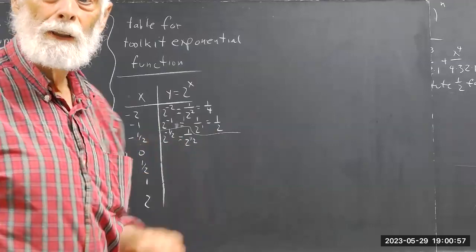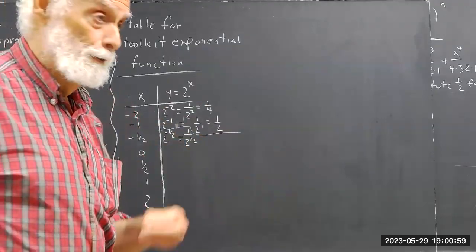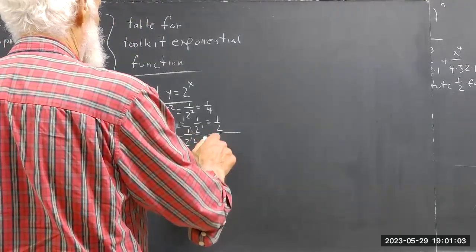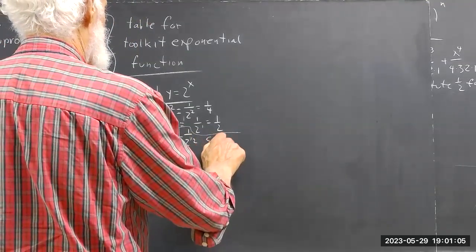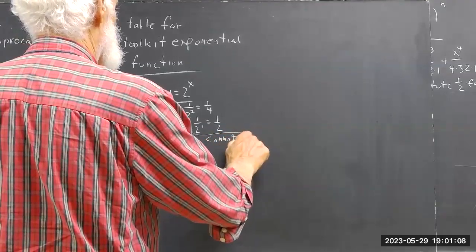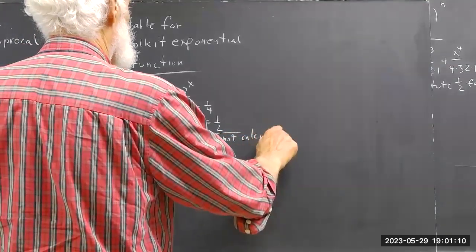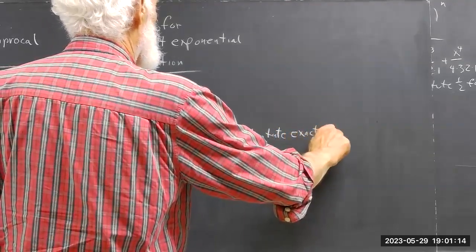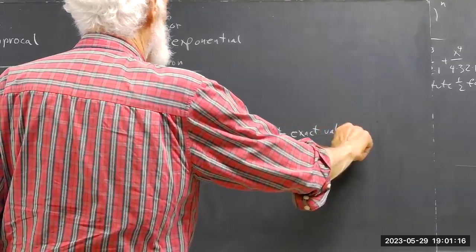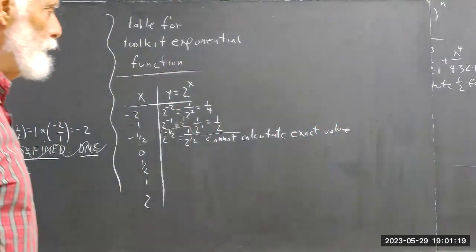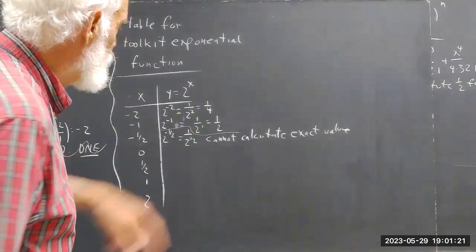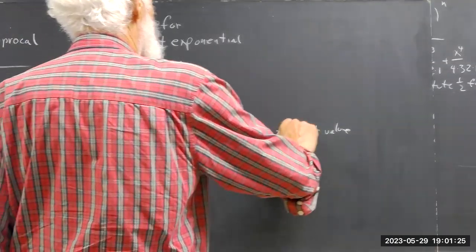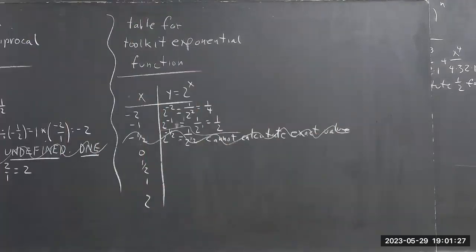Any other number is even more complicated. And the calculation goes on forever, so we cannot even in principle calculate an exact value. And for that reason, we don't use it.